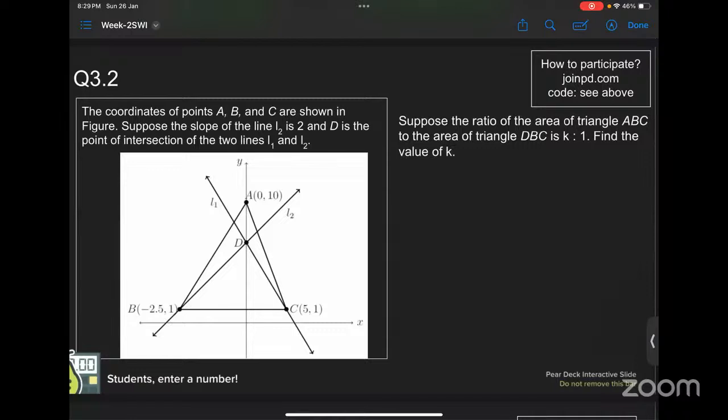So the hint is you have to simply calculate the area. I mean, you have all the three points for both the triangles, and you have to calculate area using the three-point rule. Then you have to calculate the ratio.